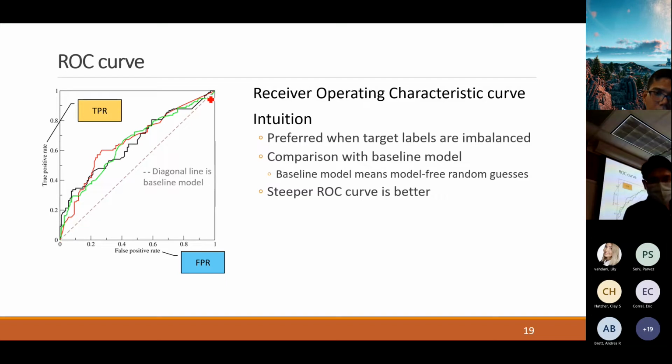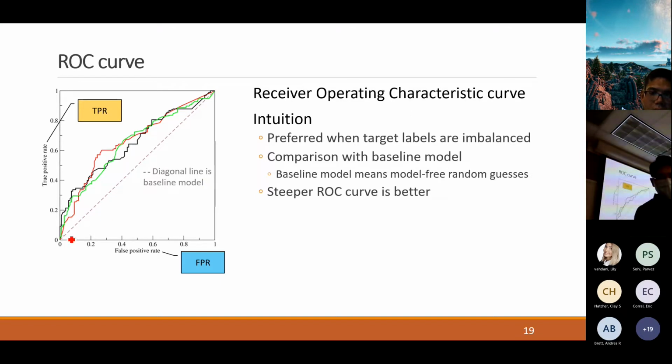You always have a diagonal line. We'll say the diagonal line represents a baseline model. It doesn't mean this is an actual model. A baseline model basically means there's no model. You're randomly guessing, and you have fairly random luck. You don't have bad luck, you don't have good luck. By expectation, that's the average result of random guessing.